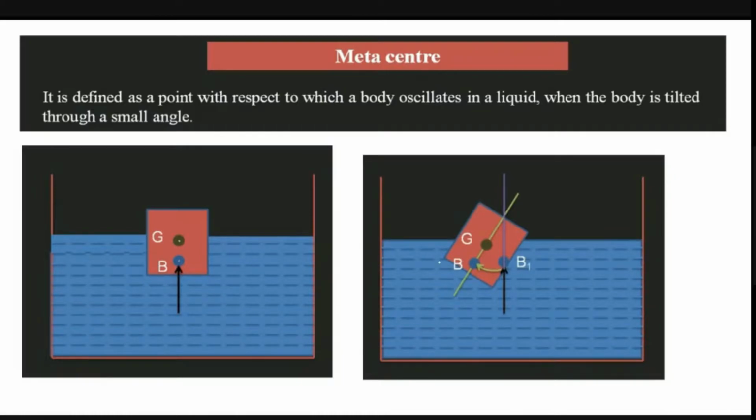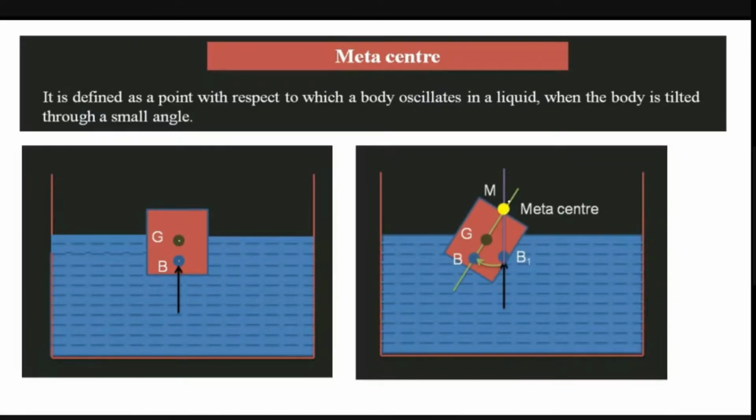So for the stable or vertical position I have indicated the buoyancy force as B1, and here it is B. Both the neutral axes intersect at this point, indicated by the yellow line, and this is called M, the metacenter.